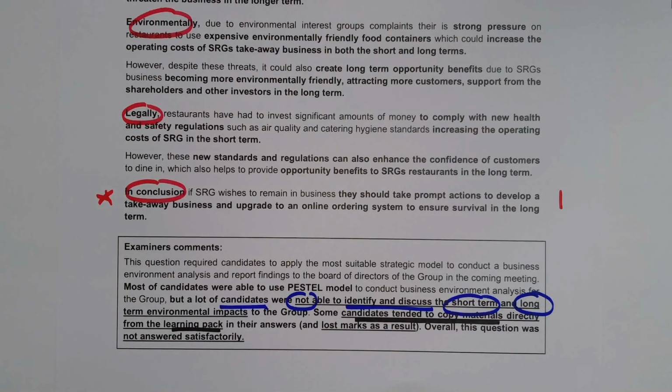You can see government restrictions, pandemic, none of that is in the learning pack, none of that is in the notes. So don't copy. We need to read the requirement, look what they're asking us, answer directly, applying, using the scenario, specific facts and issues. That's what we need to do here in order to score marks and pass Module 12.